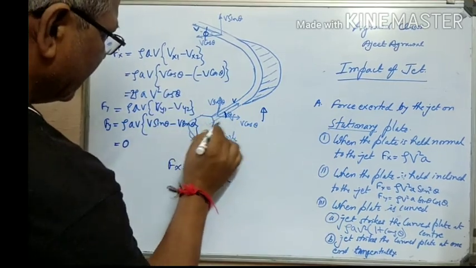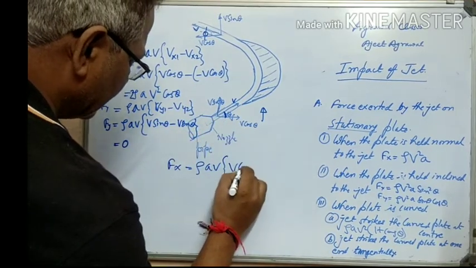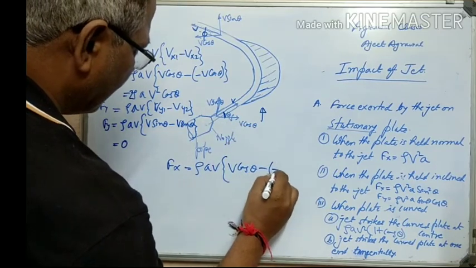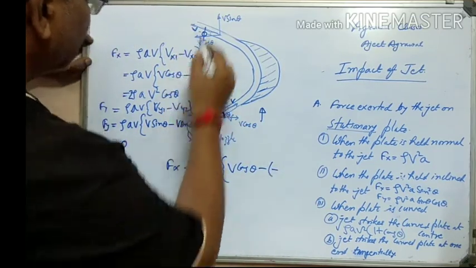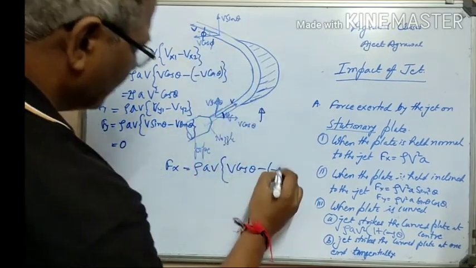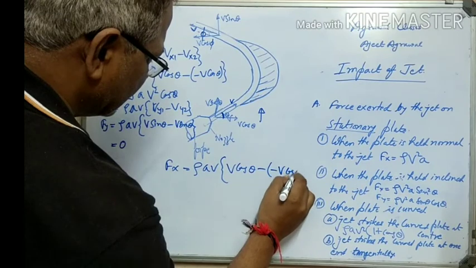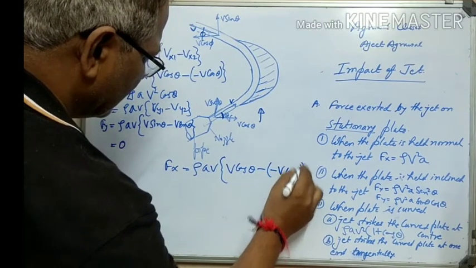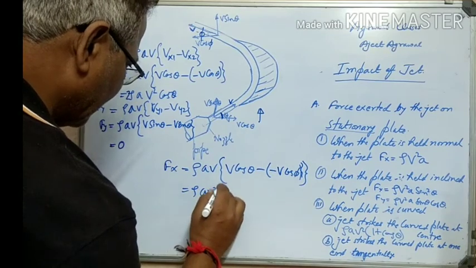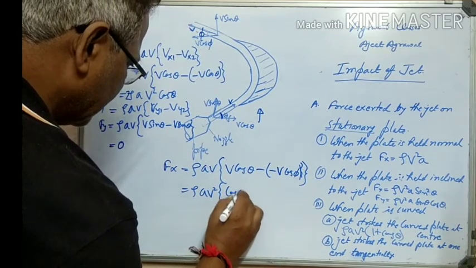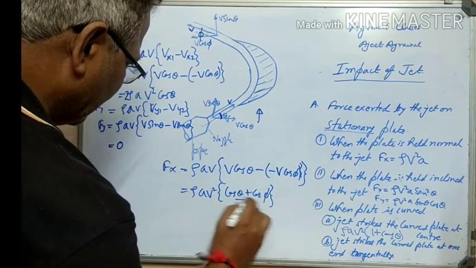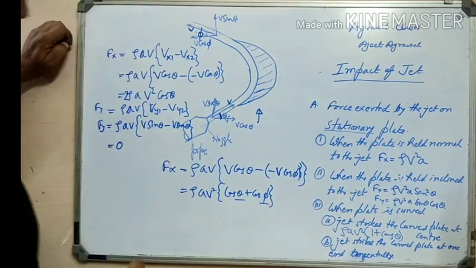Vx1 will be, as it is theta, v cos theta, minus, here it is phi, so minus minus v cos phi. So this will become rho A V square (cos theta plus cos phi), where theta and phi are the inlet and outlet angles of the blade.